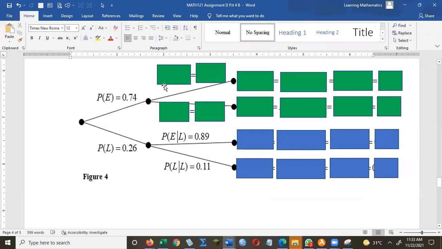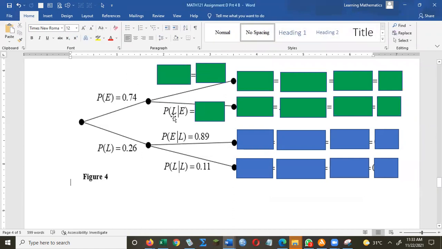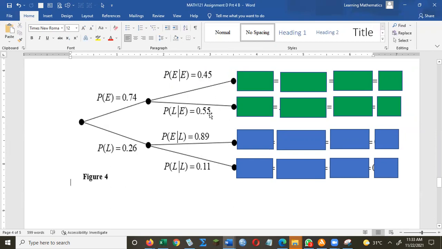So this is the if early branch. If early, then late. No, that's if early, then early. If early, then late. Now what number does the information give? 0.55. If early, then late, 0.55. And to get the if early, then early, subtract 0.55 from 1, and you get 0.45.